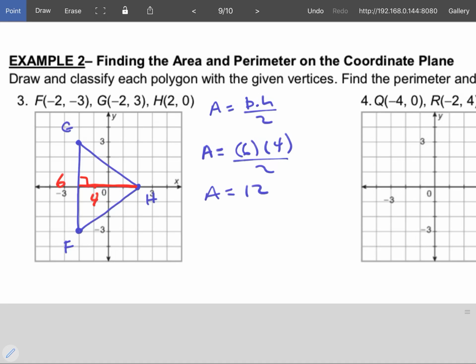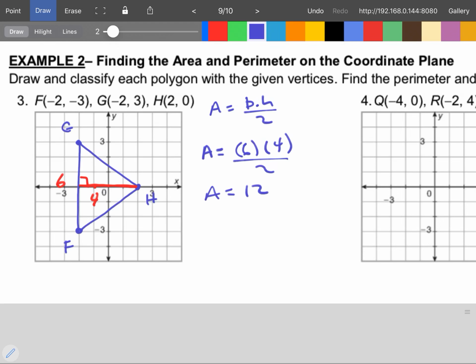So we got to figure out the distance from F to H. Okay, that distance right there. You can't just count, right? So you could use the distance formula. You know the coordinates of those points. So one thing you could do is, I'm just going to write the distance formula down here.